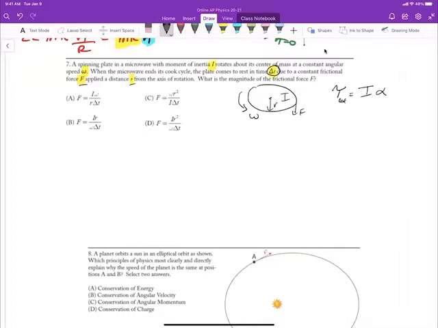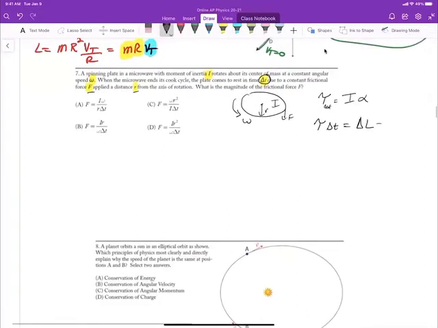The other equation of interest is that if I apply a net torque for some period of time, I'm going to have a change in angular momentum, which is equal to the angular momentum final minus the angular momentum initial. The angular momentum final in this case was 0 because it came to rest.